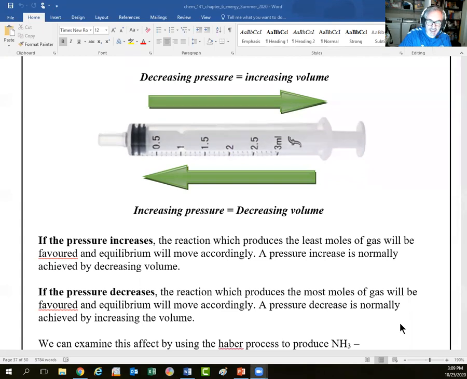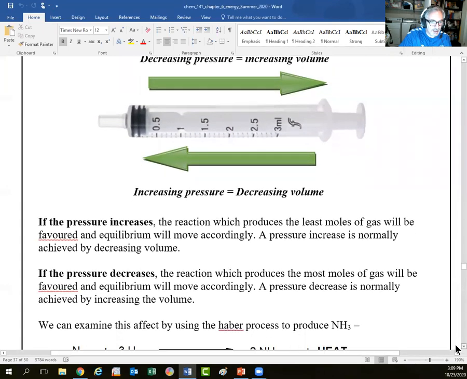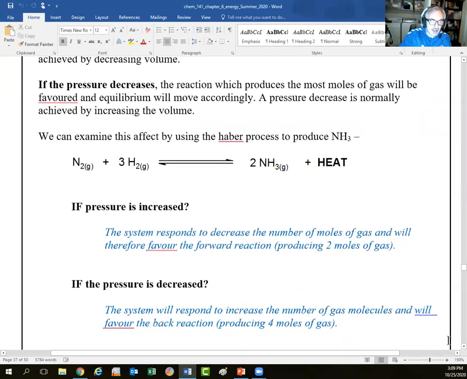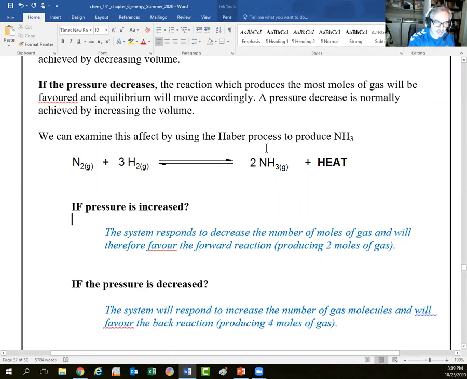Let's take a look at some examples and see that in effect. Haber process, that should be a capital for Haber. Haber process is a good example. So if we increase pressure, increasing pressure, we said favours the reaction producing the least moles of gas. Increased pressure, we're looking for the least moles.